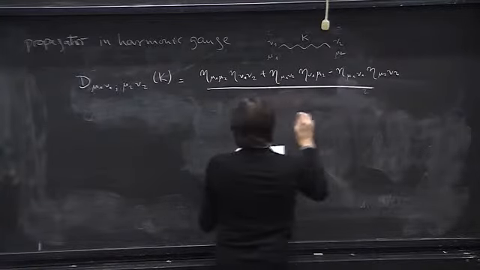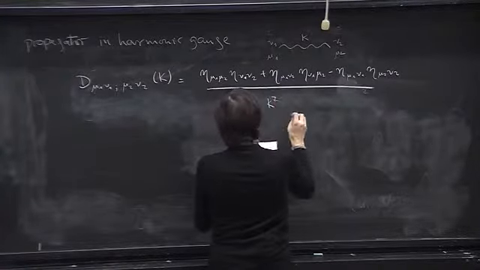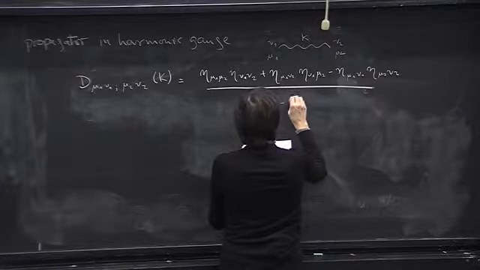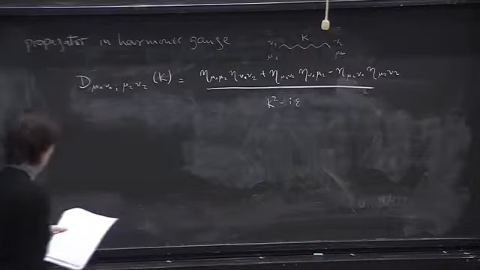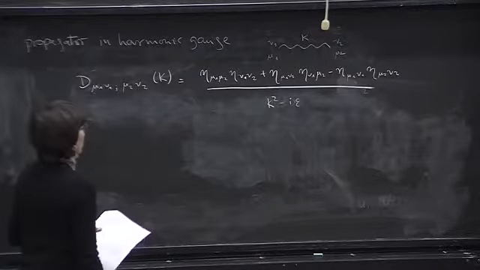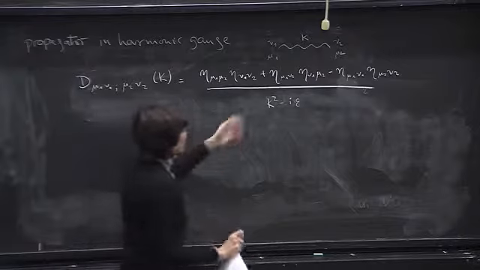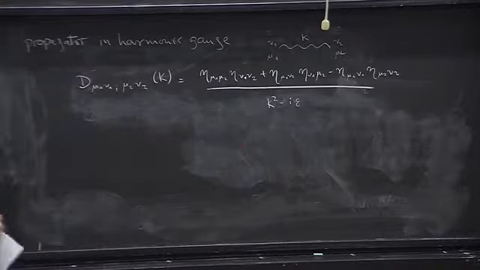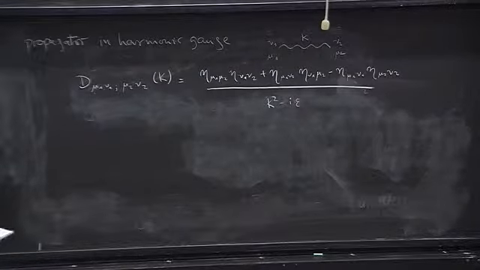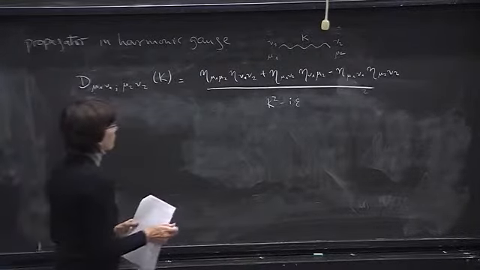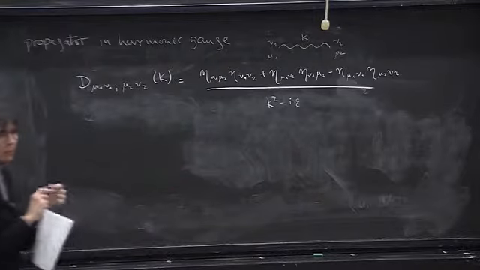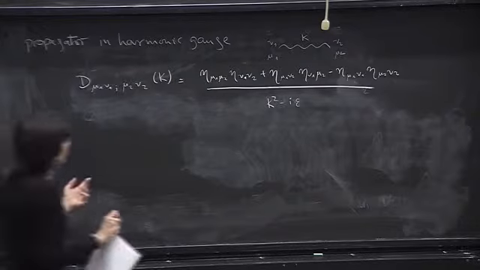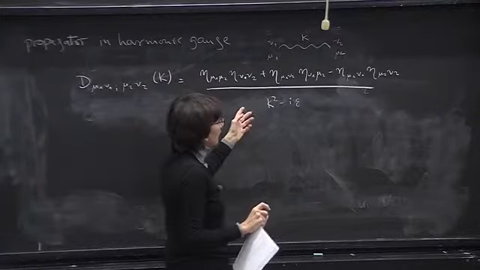And of course accompanied by the usual denominator k squared minus i epsilon prescription. Okay, now you see you start calculating amplitudes, and your elementary building blocks are the propagator and vertices incorporating interactions of the gravitons, self-interactions.